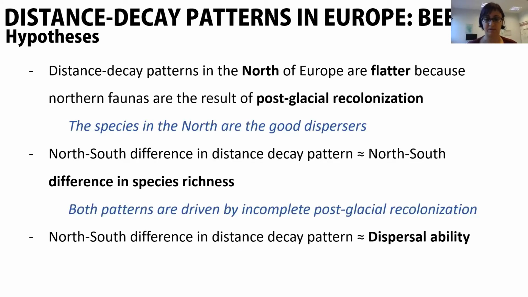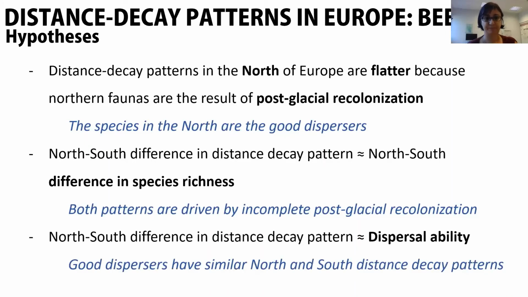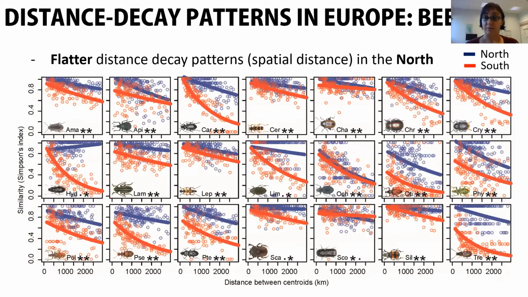And we also hoped to find stronger evidence that the difference in the distance-decay patterns was actually related to the dispersal ability of the taxon, so good dispersers would have more similar distance-decay patterns in the north and in the south. Basically we saw all that. We confirmed our hypotheses, but I will show them in more detail.